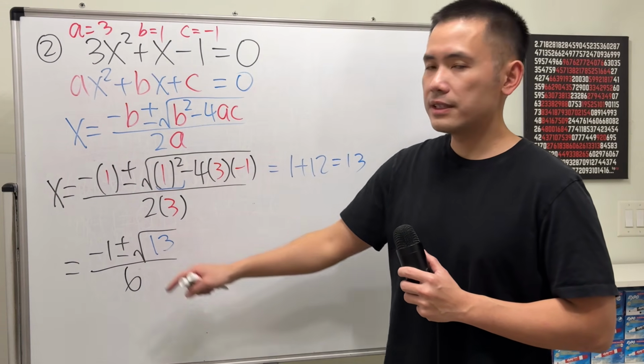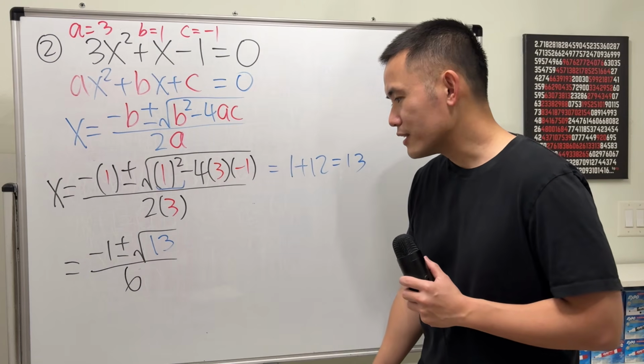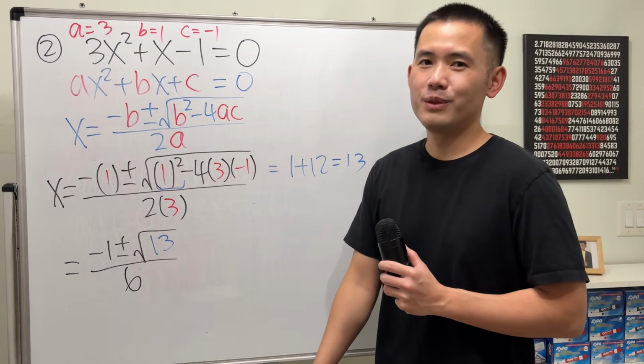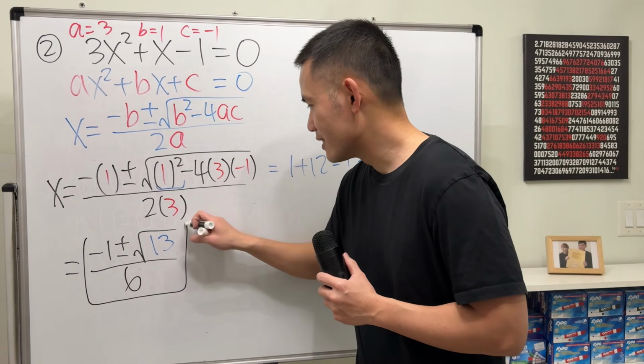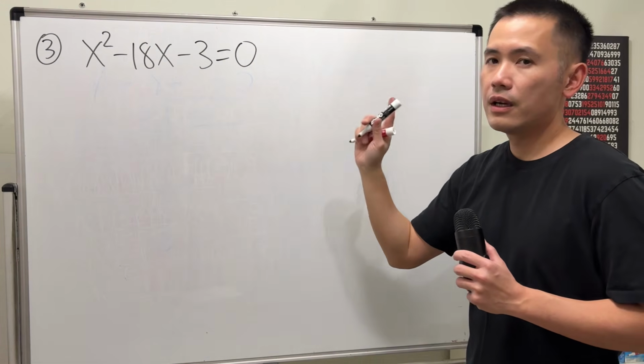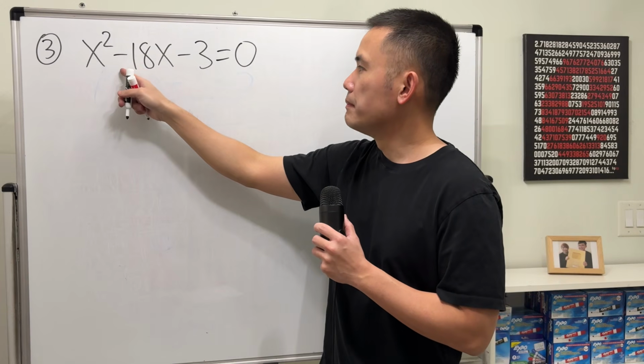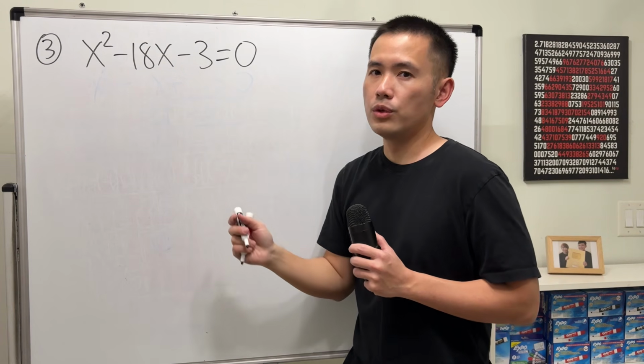Finally, can we simplify square root of 13? No, we cannot, which is good, because if you cannot simplify a square root, we don't have to do it, just box it. Done.